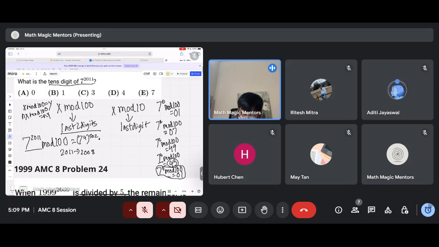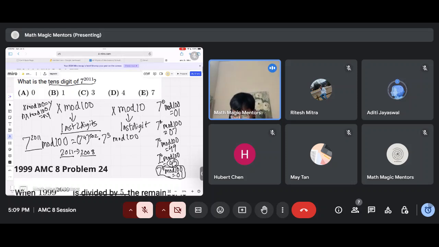And then we see that from 2008 to 2011, you need three more. So 2008 plus 3 is 2011. And so to get from 7 to the 2008 all the way to 7 to the 2011, you need times 7 cubed. And this is what we need to find the mod 100 of.